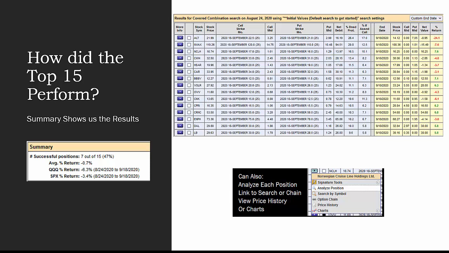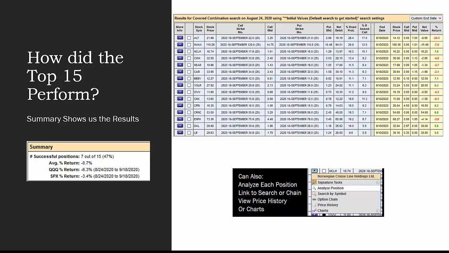If they were between the short call strike and the short put strike, or above the break even, there still would have been some small profit. Only 47% were successful, and the average return on all 15 trades was a loss of 0.7%. Of course, you can also see the QQQ performance at minus 6.3% over that same time period, and the S&P 500 return down 3.4% over that same time period.